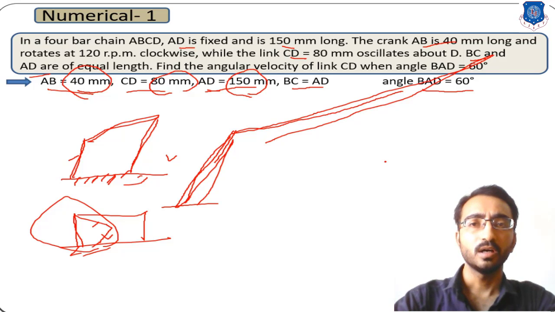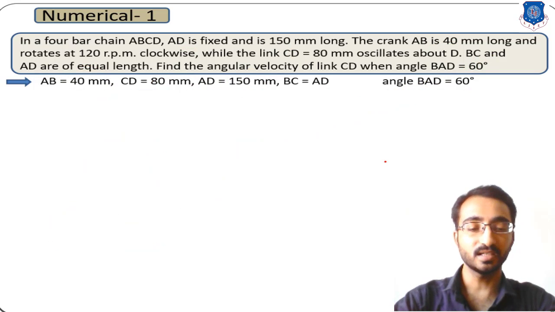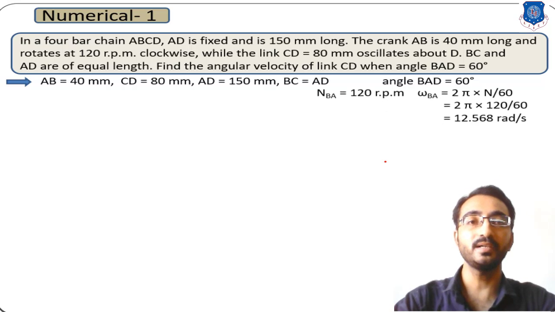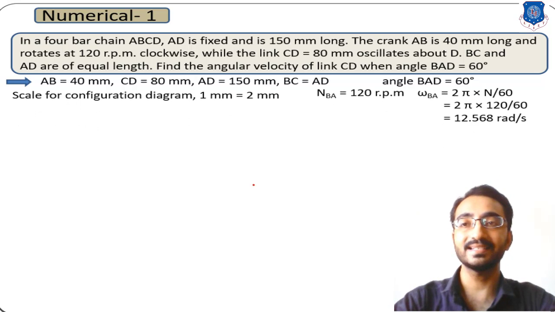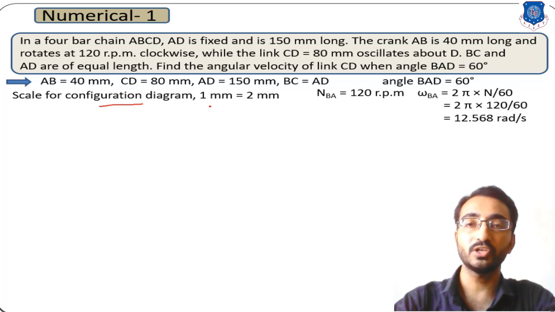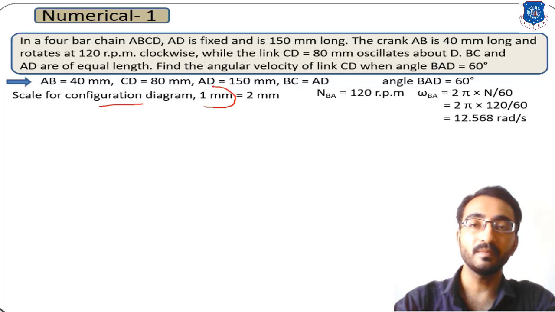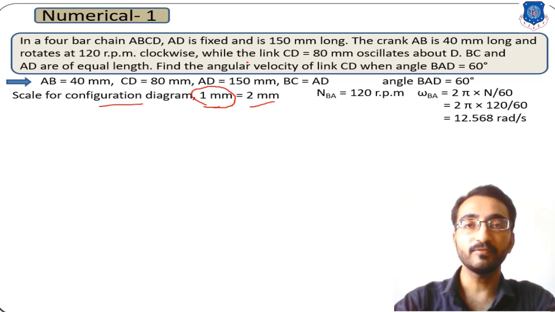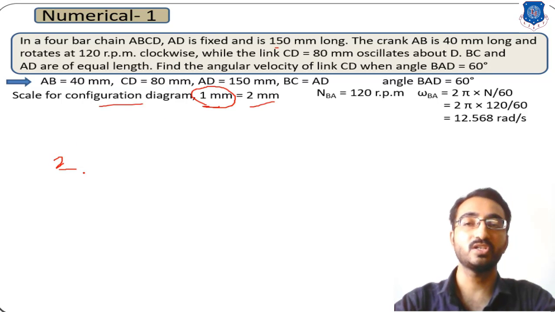So we have to consider some scale to draw this arrangement. Let's consider the scale of this configuration diagram as 1 mm is equal to 2 mm. What does it mean? 1 mm of your drawing will represent 2 mm of the original dimension.